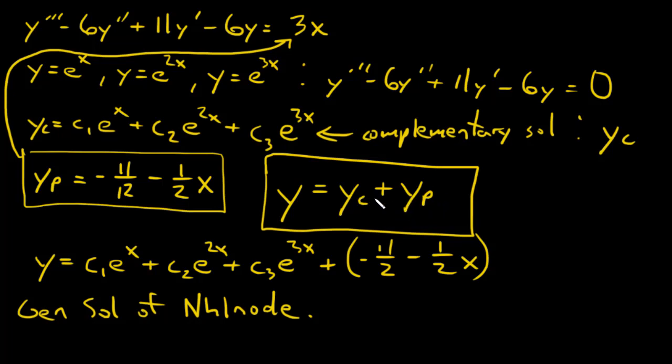When given a non-homogeneous equation, we solve the associated homogeneous part to get y sub c, and then we solve for y sub p using a variety of techniques. The general solution is then the combination of the two, y sub c plus y sub p. That is the general solution of a non-homogeneous linear nth order differential equation.